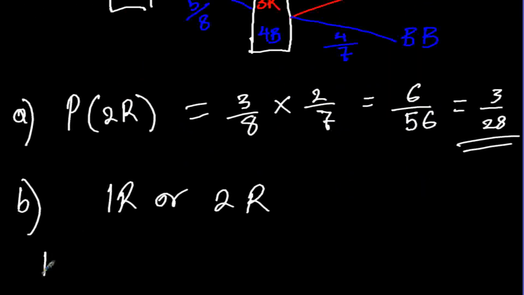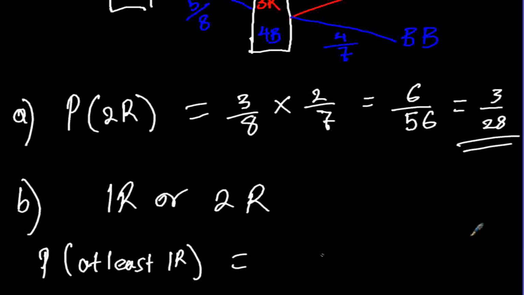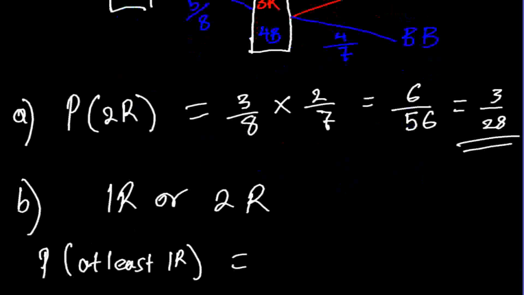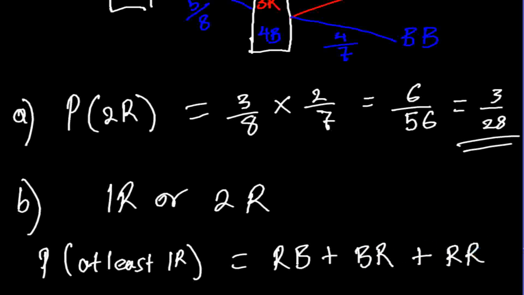So that will be probability of at least 1 red, it is red blue plus blue red plus red red.